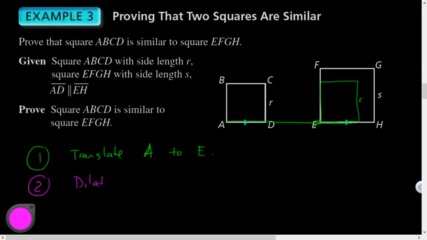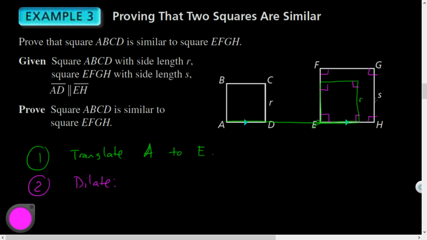Wait, can we just say that? In general, if you're thinking that they're similar because they have all the same angles, and they're both squares, then you don't need to do this.